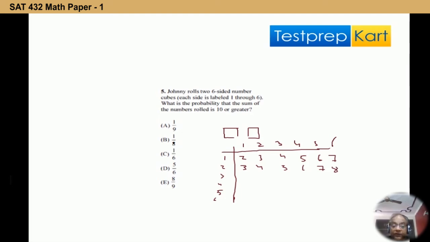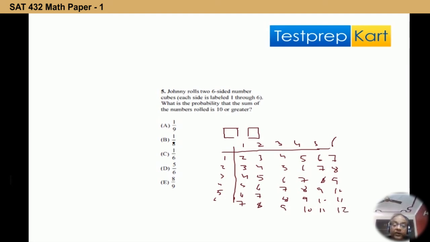Then you have 4, 5, 6, 7, 8, 9. Here you have 5, 6, 7, 8, 9, 10. Then 6, 7, 8, 9, 10, 11. And then 7, 8, 9, 10, 11, 12. In all, there are 36 numbers.